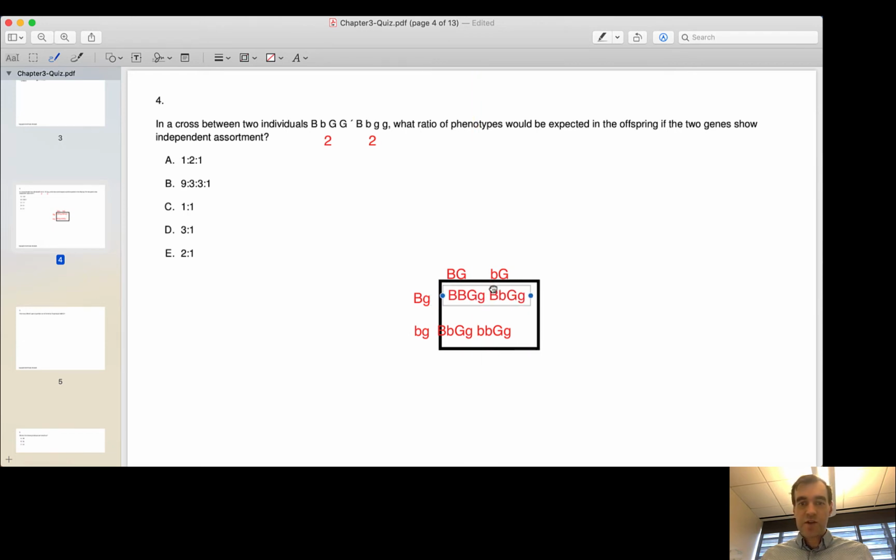So now I've just completed the Punnett square to show all the 4 possible genotypes that could be produced depending on the combination of gametes used.